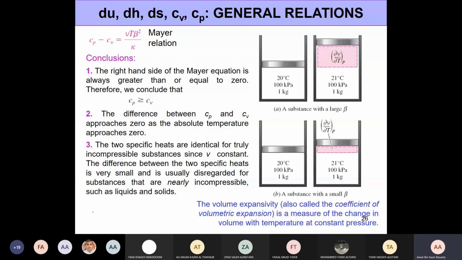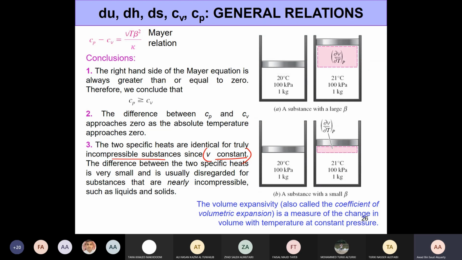No one reaches there. So let's think about a more practical situation where Cp would be equal to Cv. Now, when we're dealing with any incompressible substance, such as solids or liquids, the specific volume is going to remain constant irrespective of how much change you make in pressure or temperature. When I say constant, it's not going to remain exactly the same. The change in specific volume is going to be very small as you make huge changes in pressure and temperature.